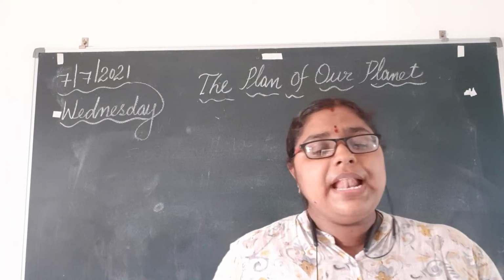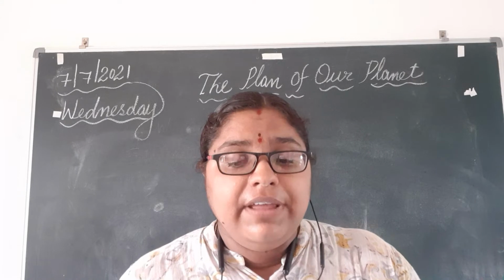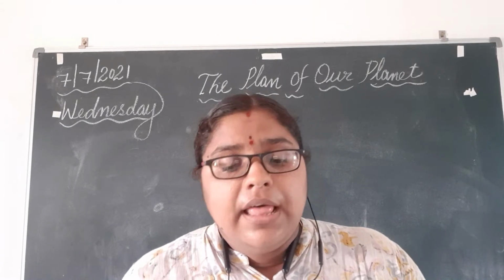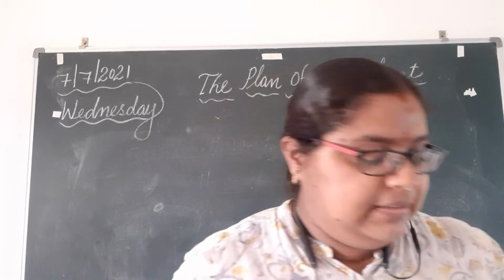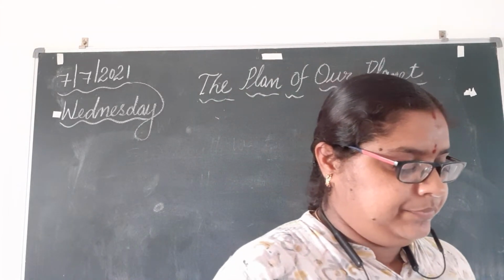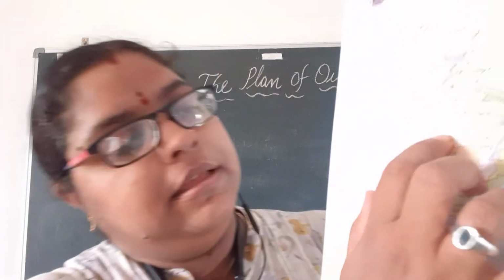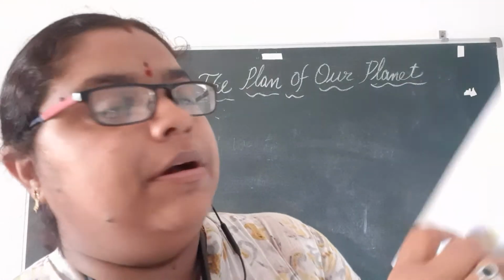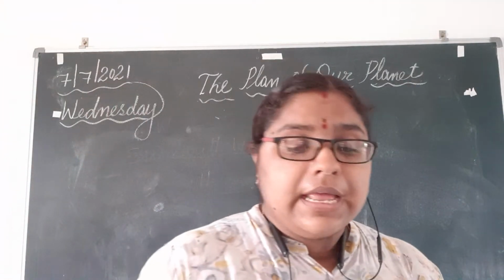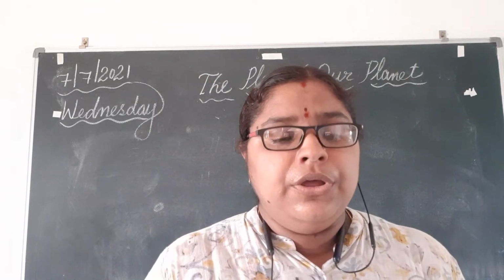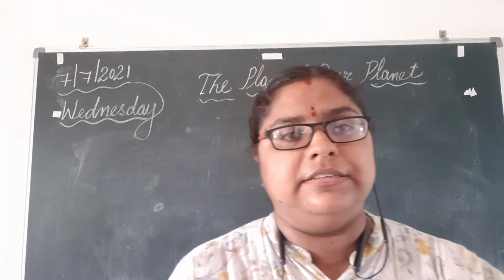A symbol is an image that conveys information without using words or realistic images. We have symbols here. I told you already we have symbols. See, this red dot is a symbol for capital. These symbols are very useful to convey information for us.